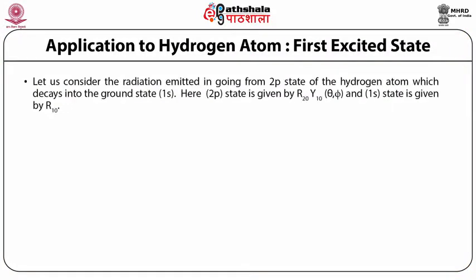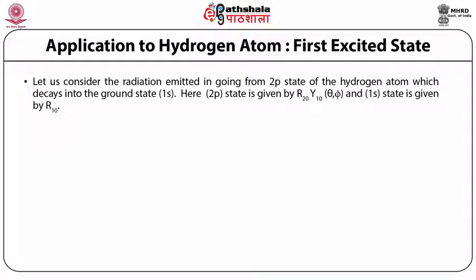Let us consider the radiation emitted in going from the 2p state of the hydrogen atom, which decays into the ground state 1s. Here the 2p state is given by the radial function R_21 of r, times the associated Legendre function Y_10 of theta and phi, and the 1s state is given by R_10.